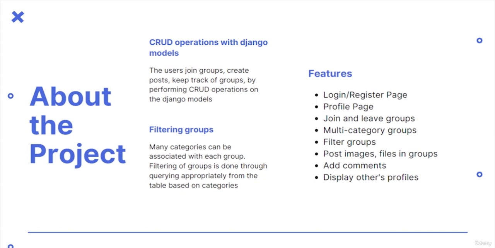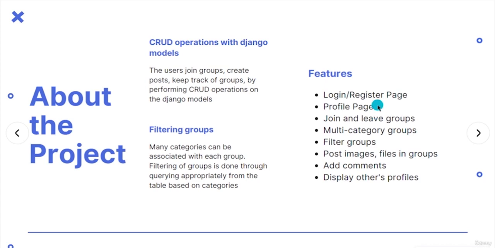Filtering operations are based on categories. Every group has one or multiple categories associated with it, so we're performing another type of query that gets the groups of that particular category only.